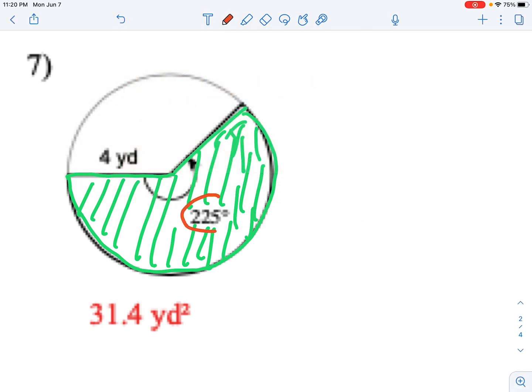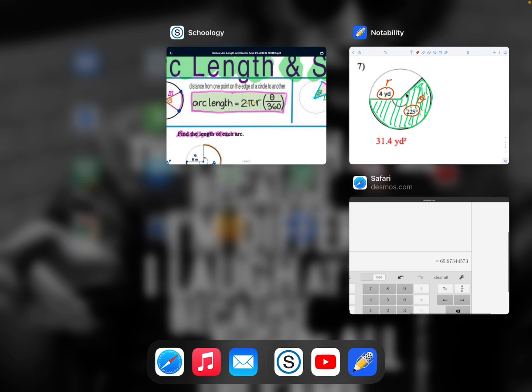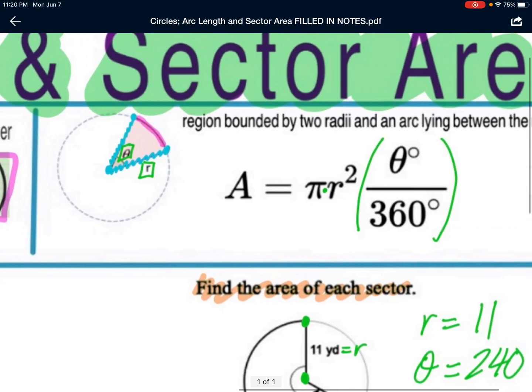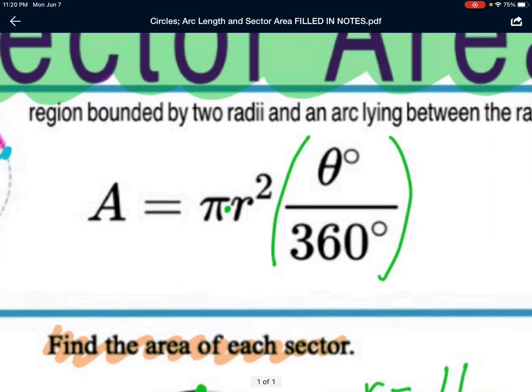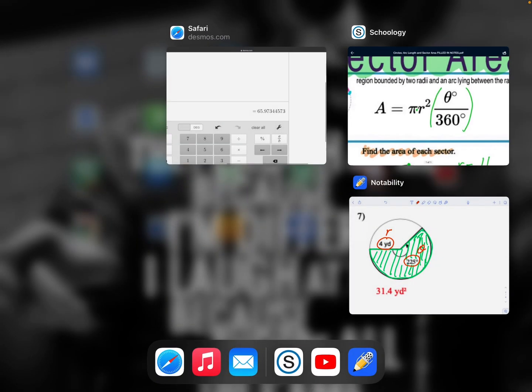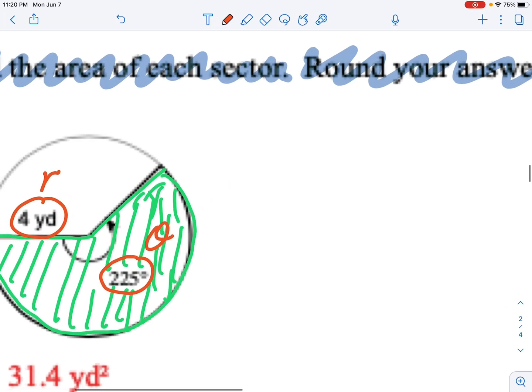So we're going to use our theta and we're going to use our r just like before, right? But this time we're going to use our sector notes. There's the area right there. Pi r squared times theta over 360.